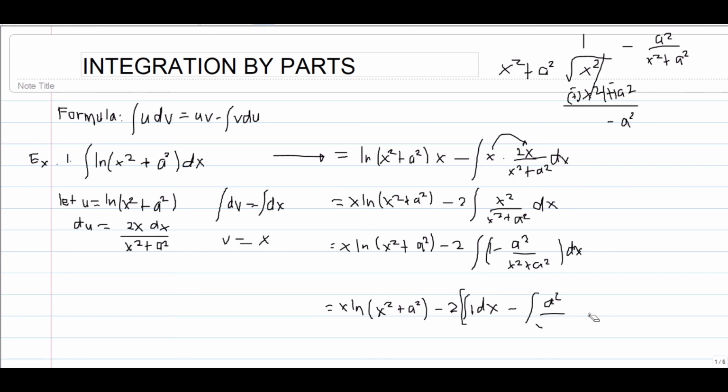Take note that e squared is a constant, so you can also rewrite it like this: the integral of dx over x squared plus e squared. Then we close the bracket.